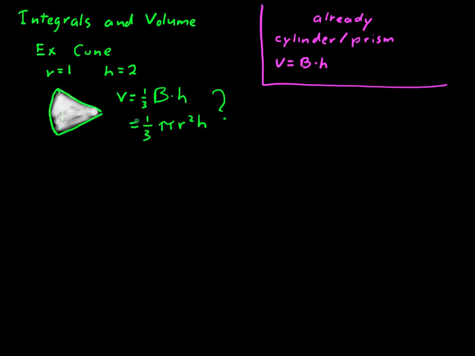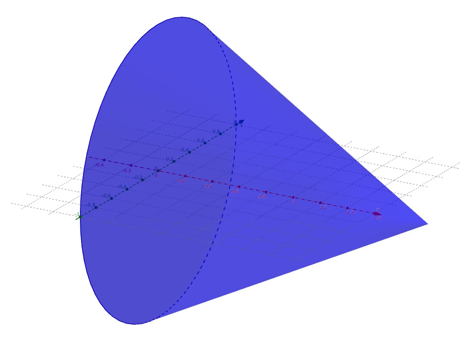We're going to just do it for our specific numbers because we don't care about a cone as much as we care about any object, but let's look at a cone. Alright, same cone, you can see the radius here is 1, and the height, it's a little bit hard to see, but out here will be 2.